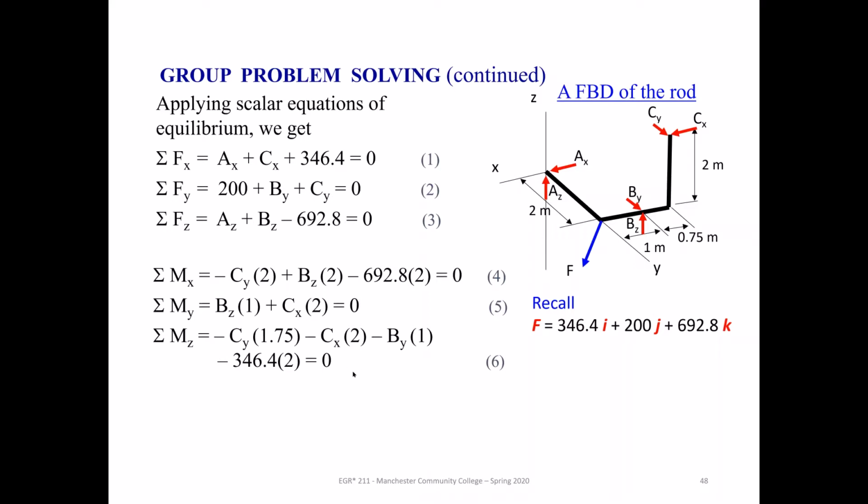All right. Now M of z. Now this one, we're looking straight down at it, at the XY plane. So the first part is CY times 1.75. We're looking straight down, and we're looking for the distance.